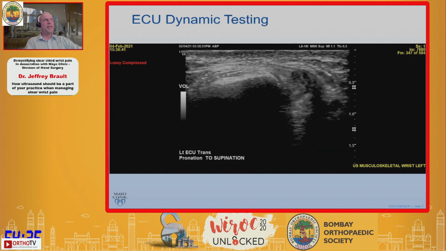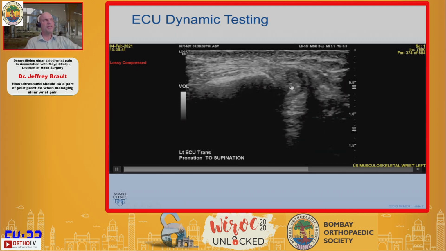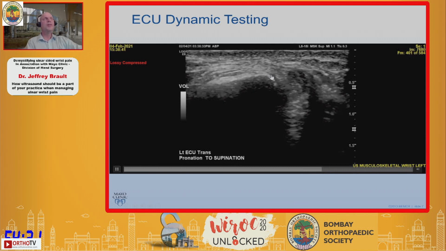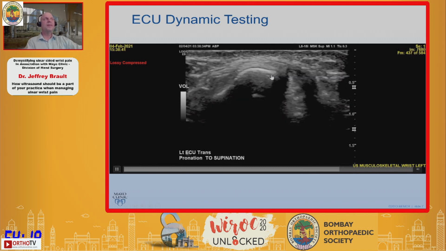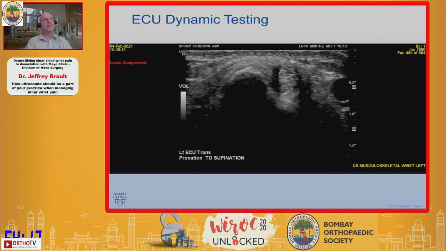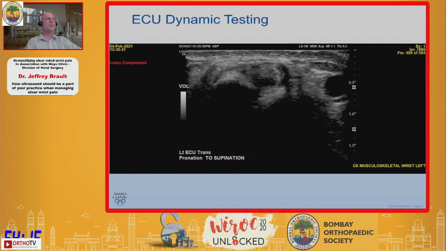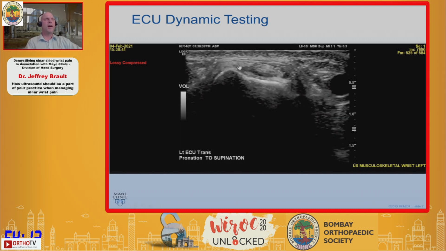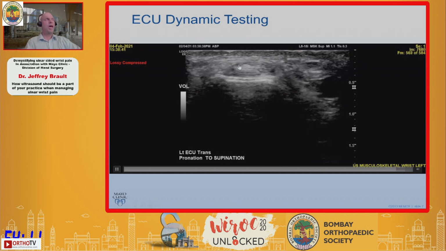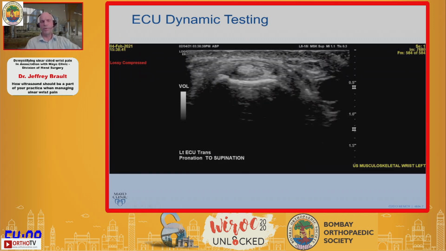It doesn't quite sublux, but you can see it here, it's perching on the ridge. So I should say it's subluxing, but it does not dislocate. If we use color Doppler, we could identify if there's a subsheath abnormality or increased blood flow in that region.